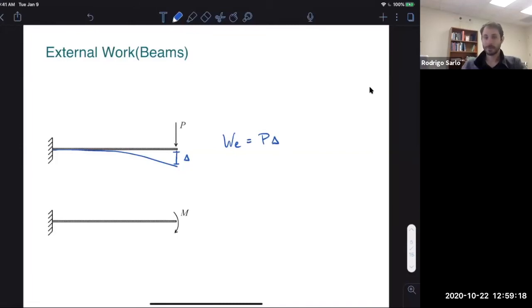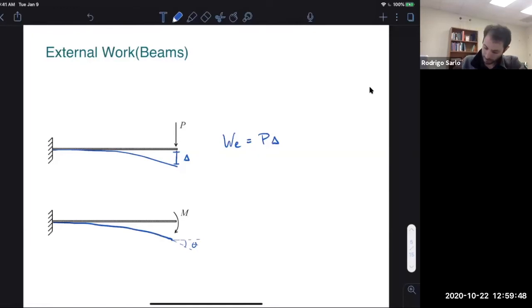Okay. But for beams, we also have to account for potentially external moments being applied to the structure, right? So we need a definition of work for moments as well. And so if I apply a moment here, it's going to cause a similar rotation there at the end. Right, so it's going to cause the end of my beam to rotate.